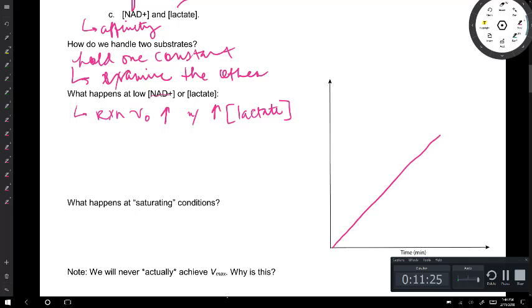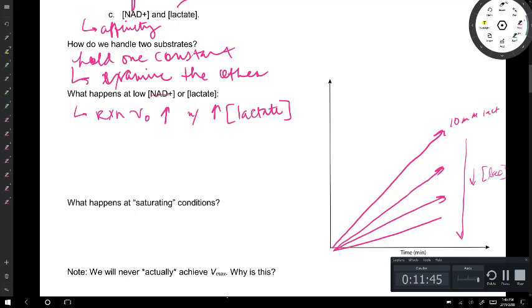So if this is our velocity at, let's say, 10 millimolar lactate, which is just an arbitrary number, as we go down in concentration, the velocity that you measure is going to decrease.